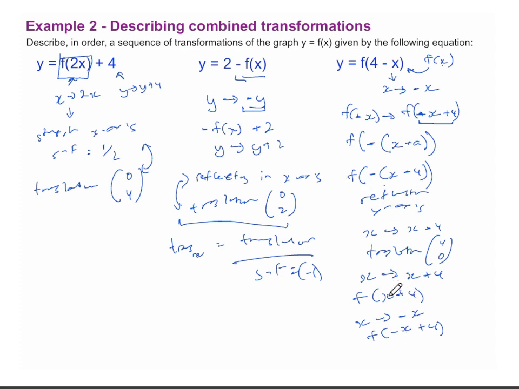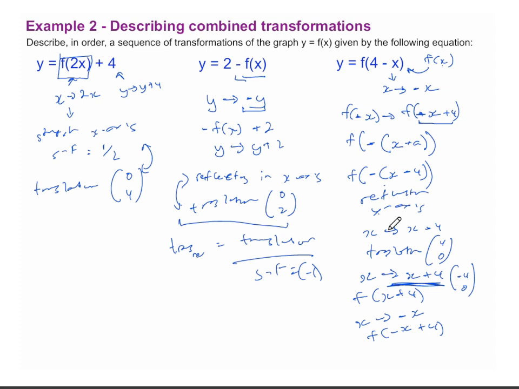So in this case, we would first translate to the left by 4 units, because we are making x into x plus 4, -4 and 0. And then we would again do a reflection in the y-axis. So here order matters. Reverse BODMAS, meaning we do the translation first and then we do the reflection if we want to keep the terms as they are.